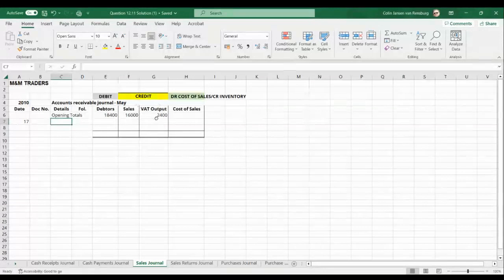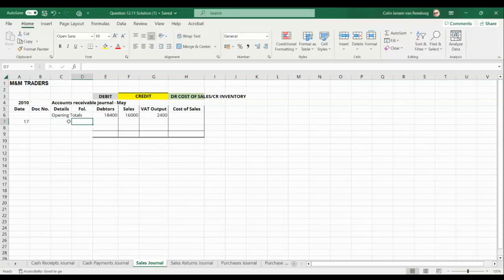Our general ledger accounts we are only going to update with the totals. But for the individual transactions, we'll have to update our debtors ledger or our accounts receivable ledger for each and every transaction, because each and every transaction relates to a different customer.